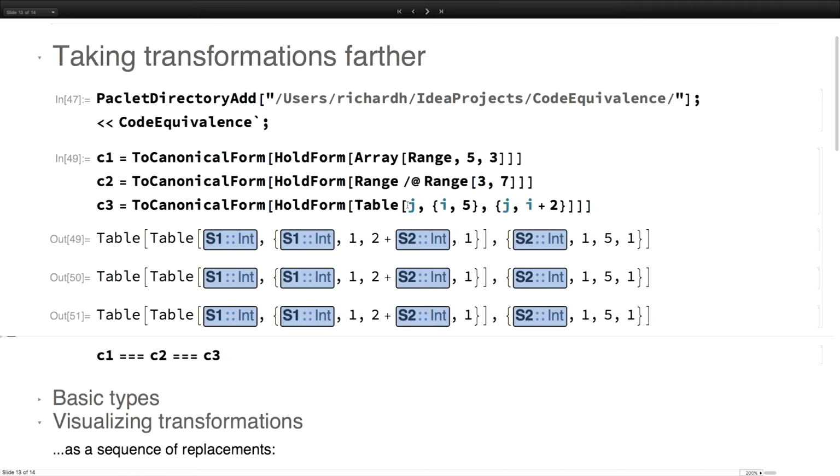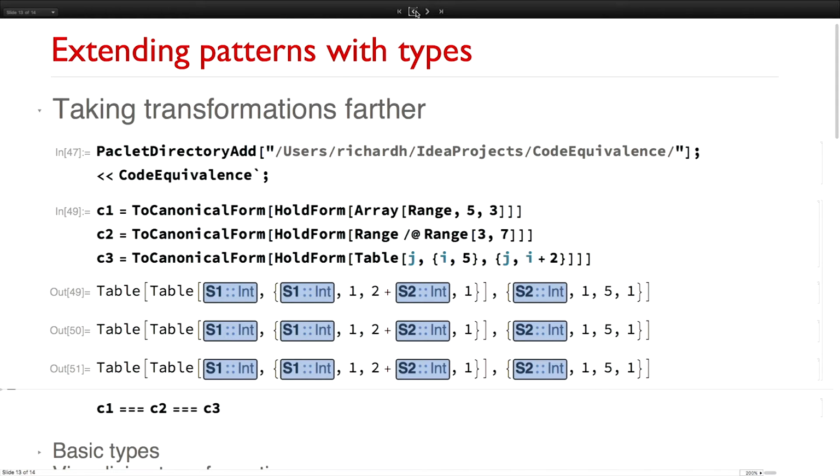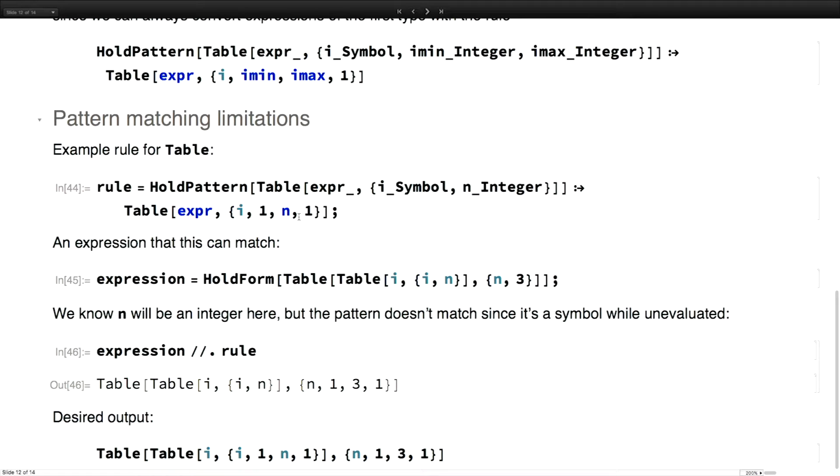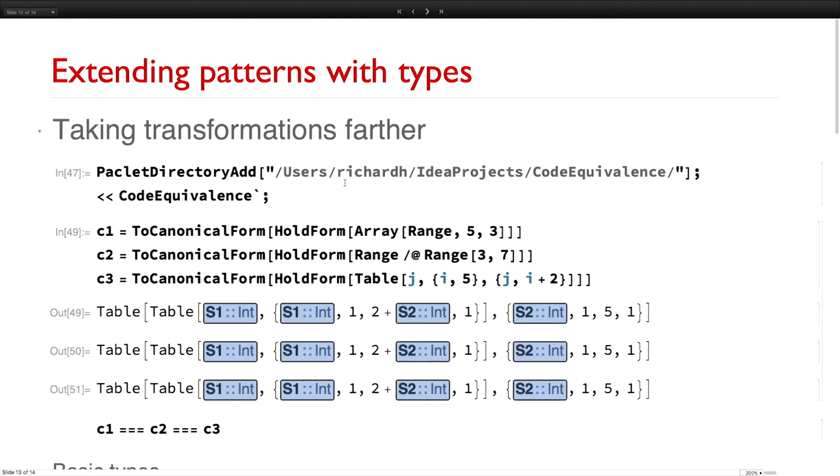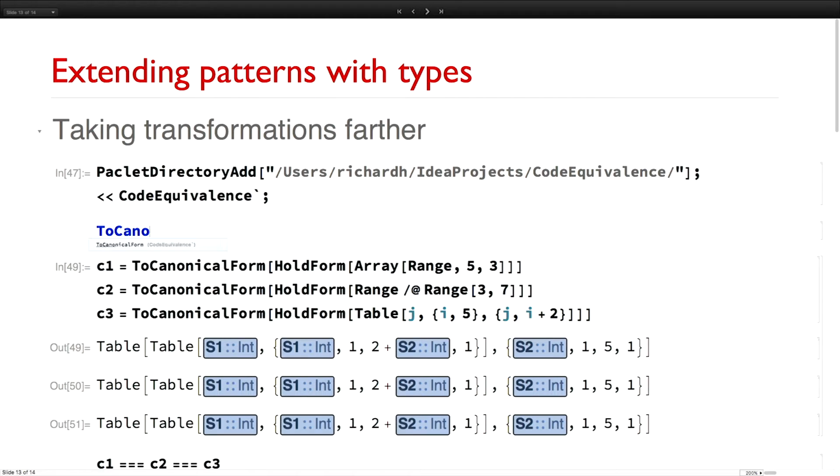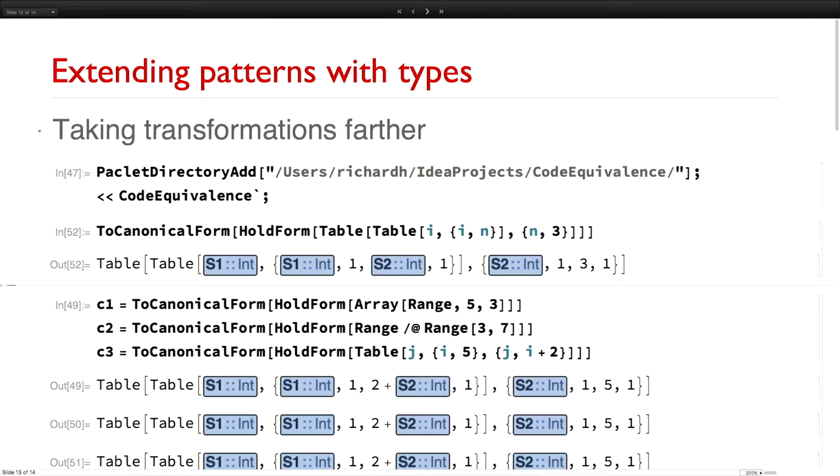So for example, actually the intermediate form up here is the one that would have had the example. But I'm going to grab that one. So there we go.